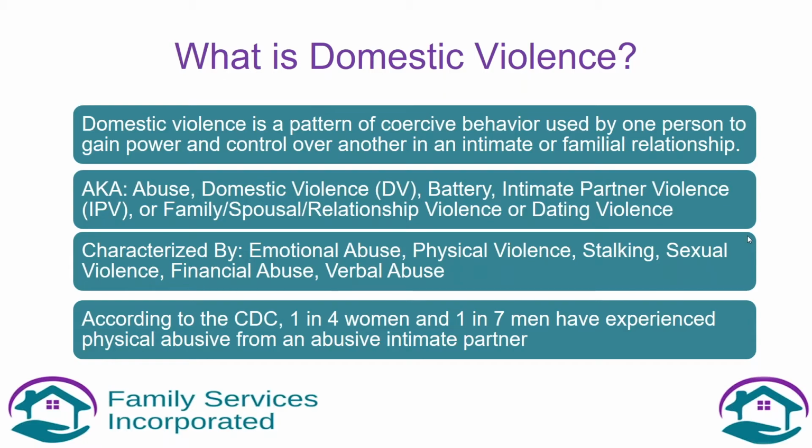It is often characterized by emotional abuse, physical abuse, stalking, which we'll be talking about next week, sexual violence, financial abuse, as well as verbal abuse. According to the CDC, 1 in 4 women and 1 in 7 men have experienced physical abuse from an abusive intimate partner.